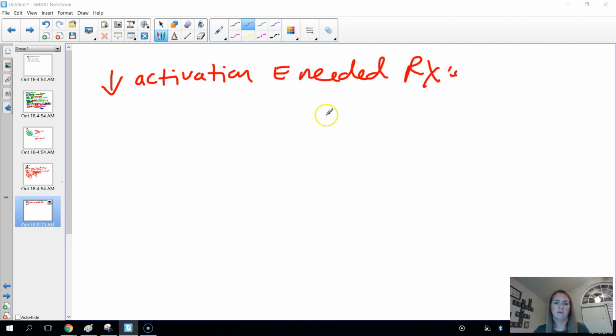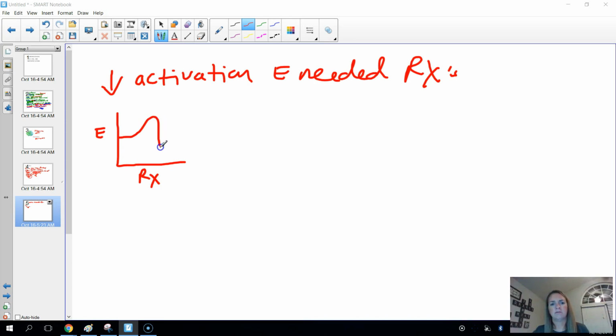So proteins, or specifically enzymes in this case, lower that activation energy. If you had a graph with the amount of energy needed and then the reaction rate or time, let's say without enzymes, that activation energy is this hump here.